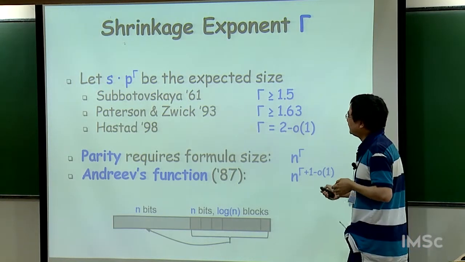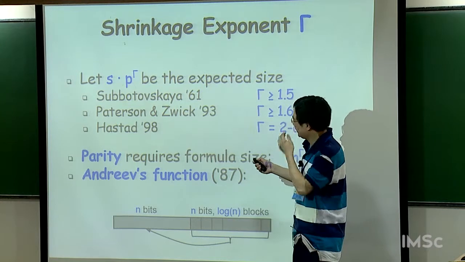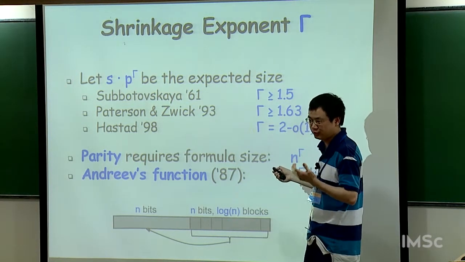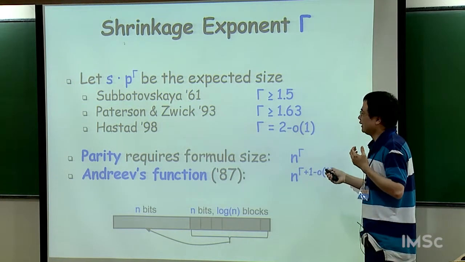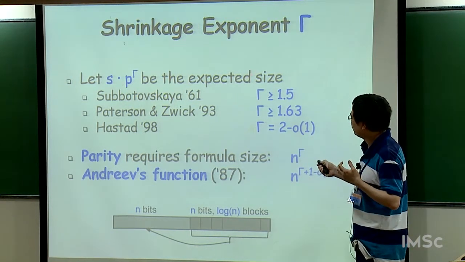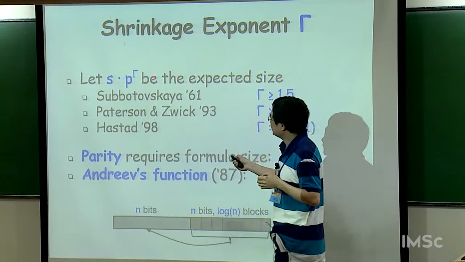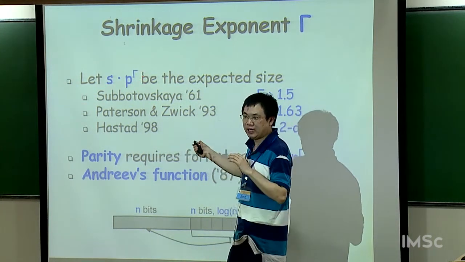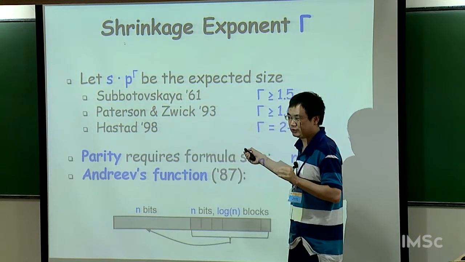Now it turns out this 1.5 thing is usually called the shrinkage exponent, and the shrinkage exponent can be improved. Suppose we start with formula size s and we restrict the formula up to a fraction p of variables left.